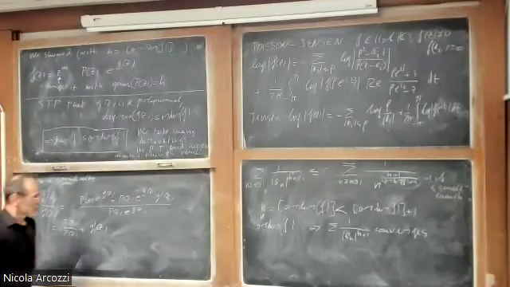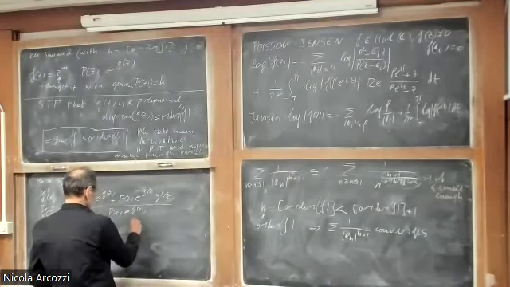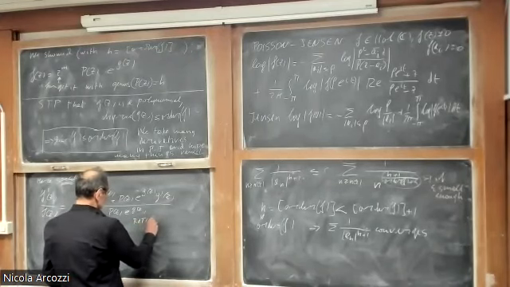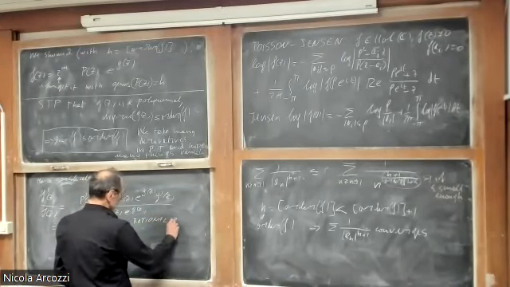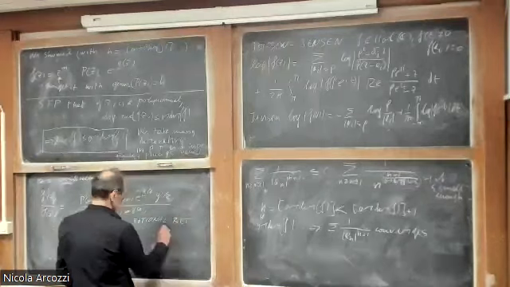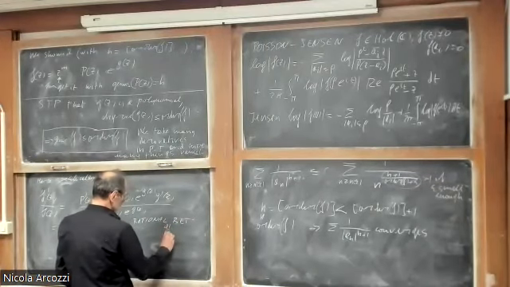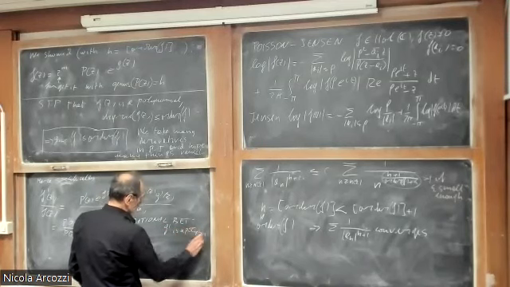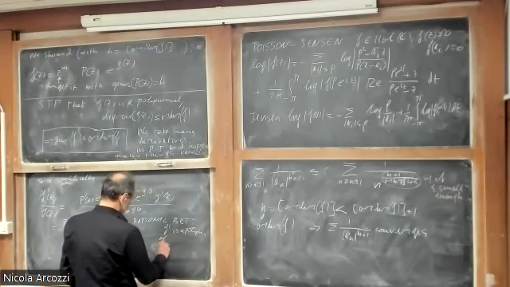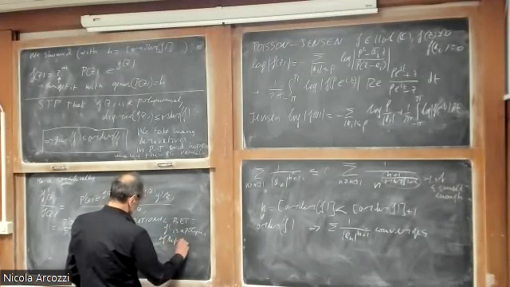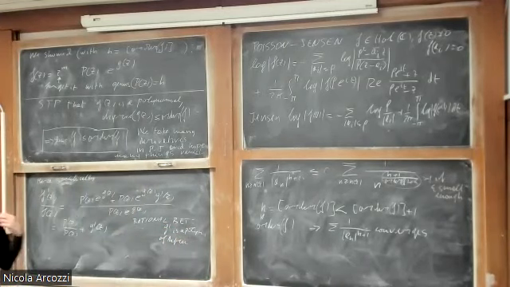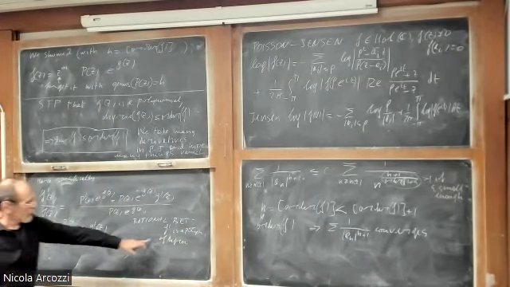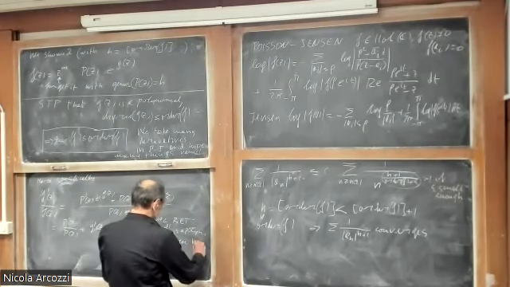Our g prime is a polynomial of degree h minus 1.